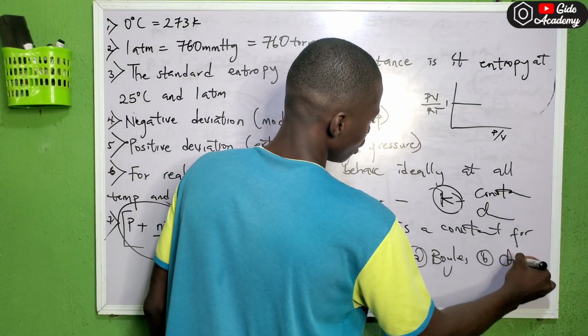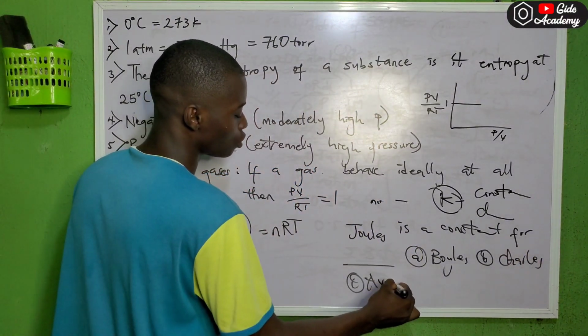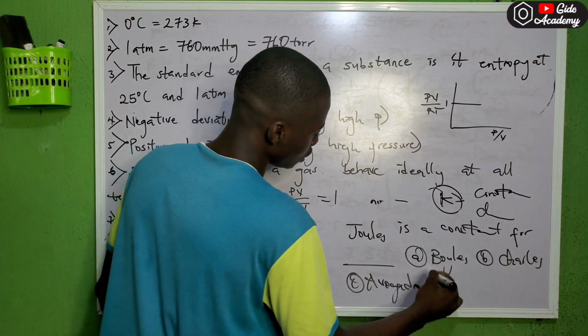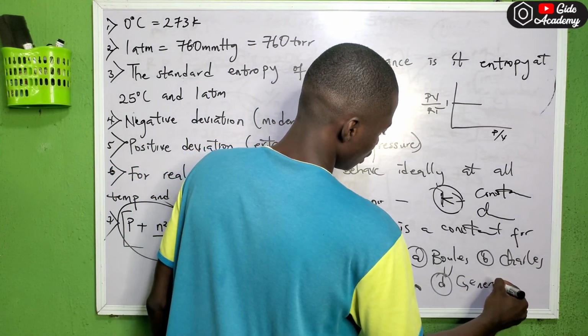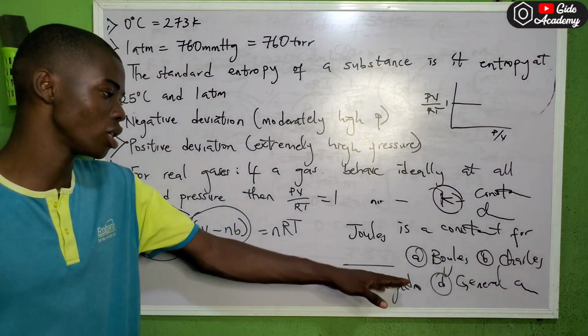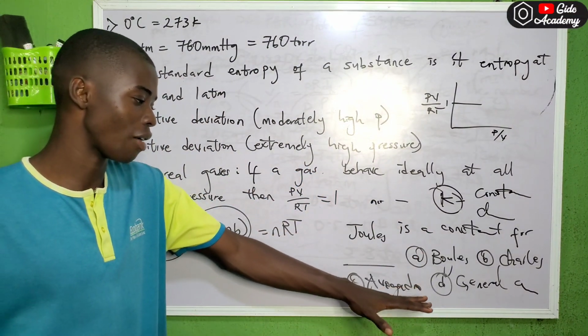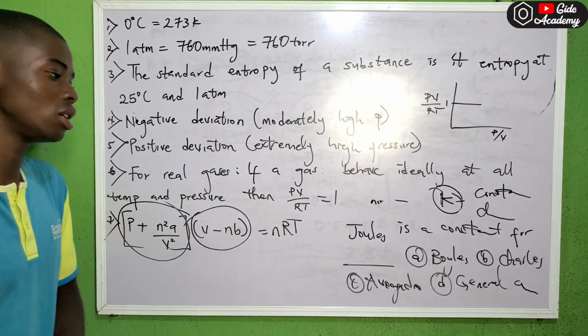Option B, Charles's. Option C, Avogadro's. Option D, general gas equation. So is it for Boyle's law, is it for Charles, is it for Avogadro, or is it for the general gas equation? If you know the answer, drop it in the comment section.